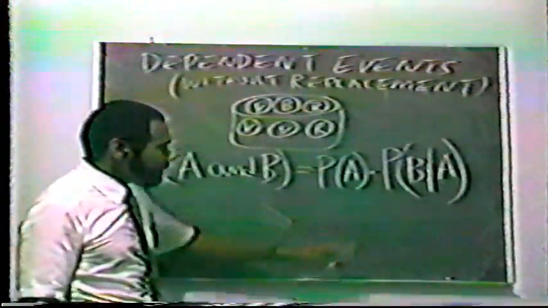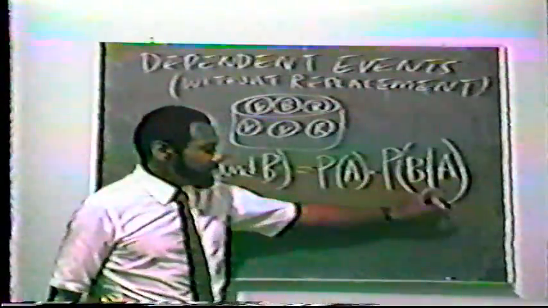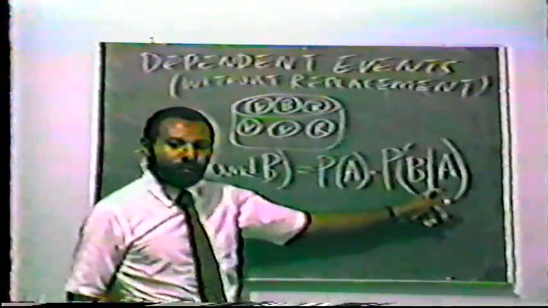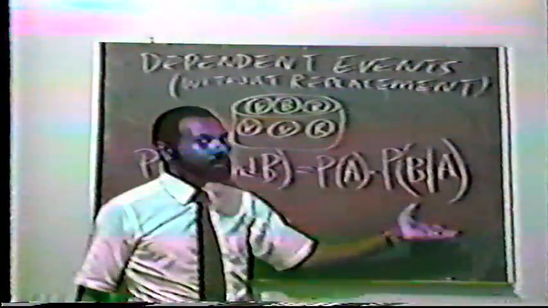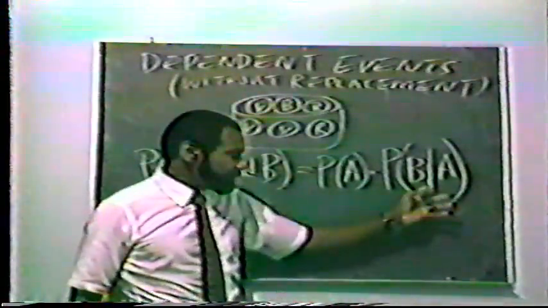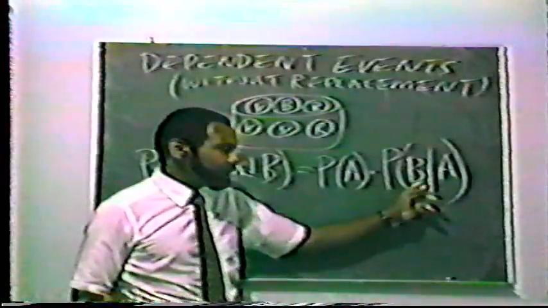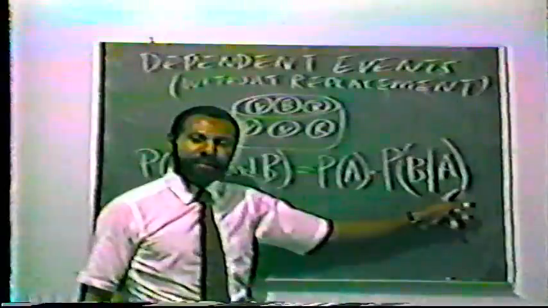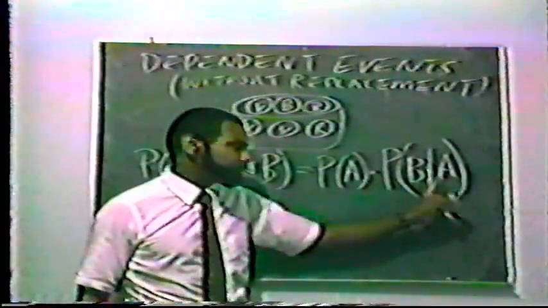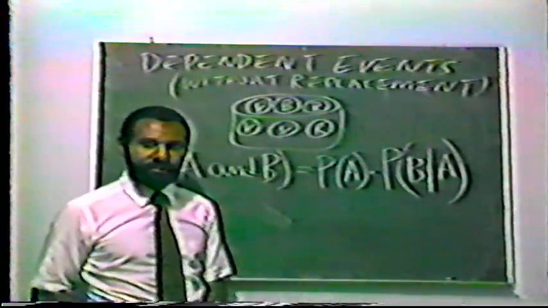Once again, the last part of this formula is not the probability of B over A. It's not the probability of B divided by A. But this number means the probability of B given that A has already occurred. That's what this probability here represents.